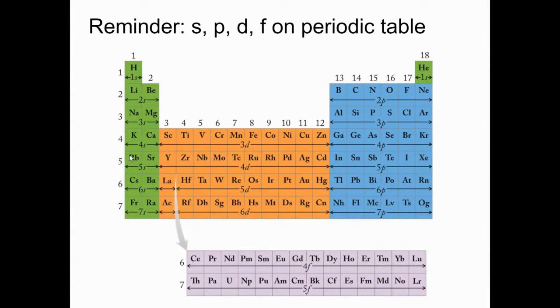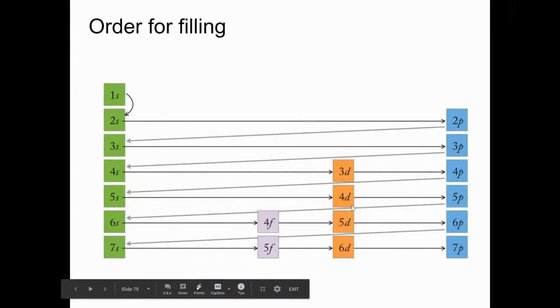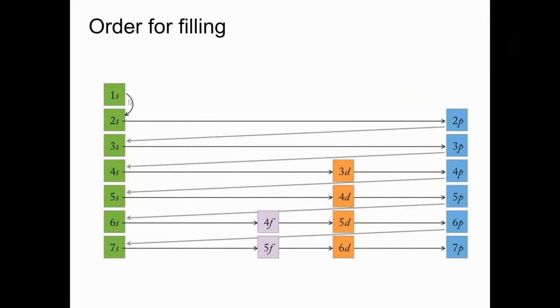So again, keep in mind the s orbitals are here, the d are here, p here, and f are here. This is just a little picture to help you figure out how to fill them. So 1s, 2s, 2p, 3s, here we go, 3p, 4s, 3d, like that.